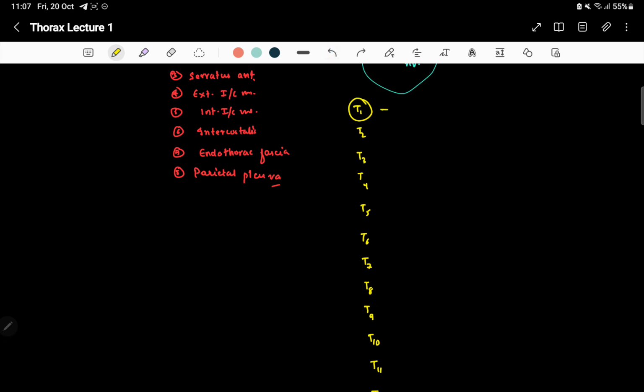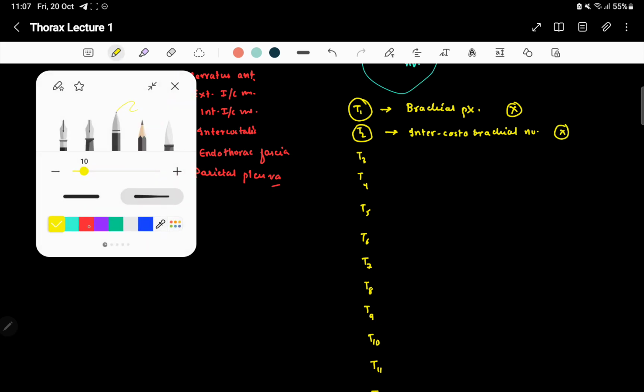T1 was the root value covered in your brachial plexus, in the previous chapter. So this gets involved with the brachial plexus. This is not typical. T2 is your intercostobrachial nerve. So this is also not typical.